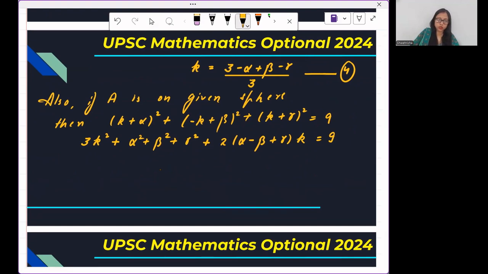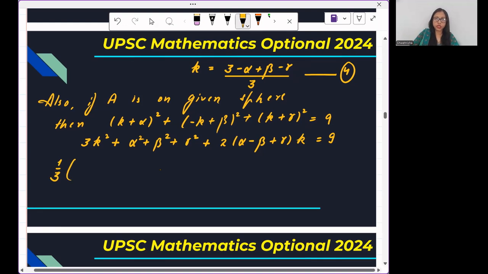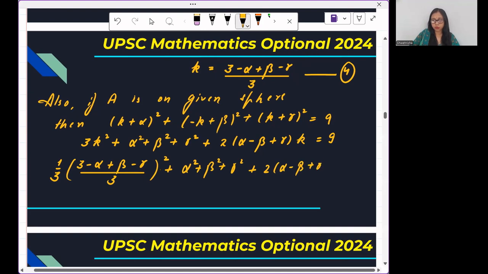Now this is 3k square. What is k square? k is this value. Now you can substitute: 3 minus alpha plus beta minus gamma divided by 3, squared, plus alpha square plus beta square plus gamma square, plus 2 times alpha minus beta plus gamma.